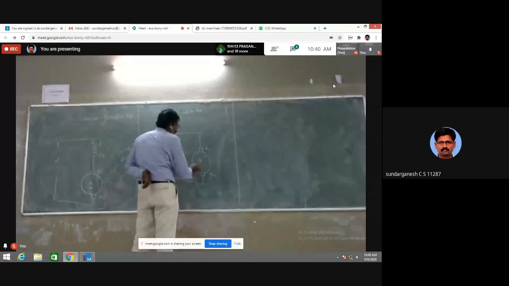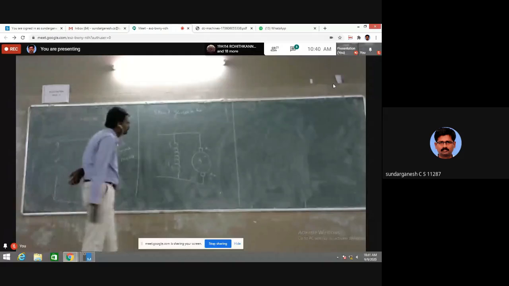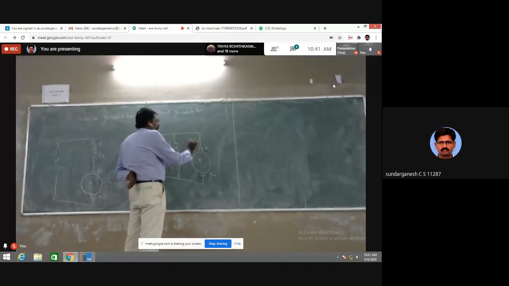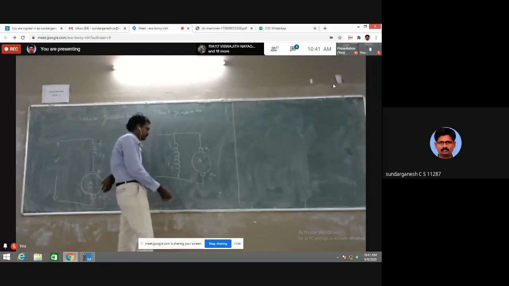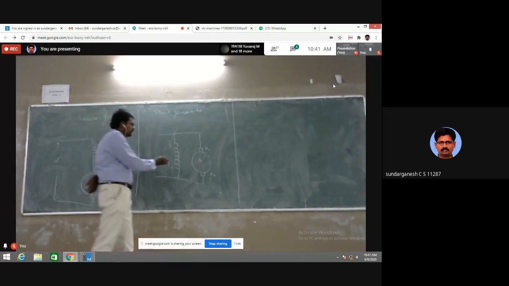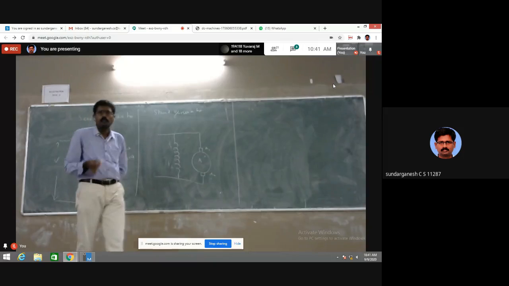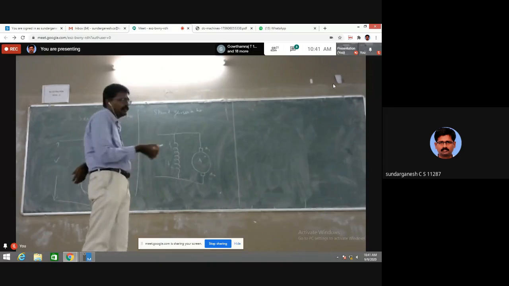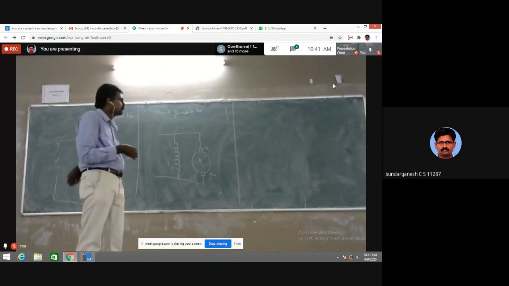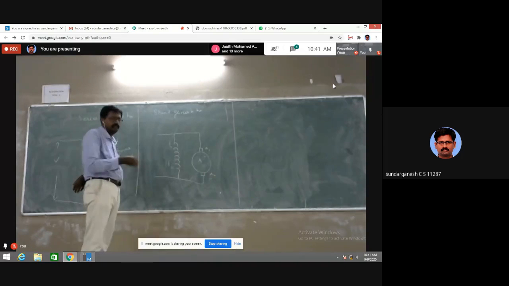So field coil and armature are in parallel, and if it is parallel, we call it a shunt. Since it is parallel, both voltages will be the same, as we know that voltage is constant in parallel branches. So the voltage will be constant in shunt generators.